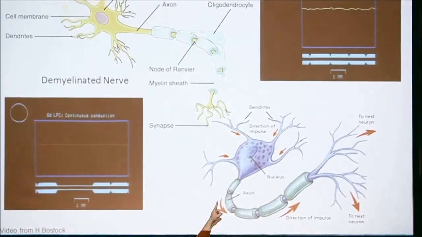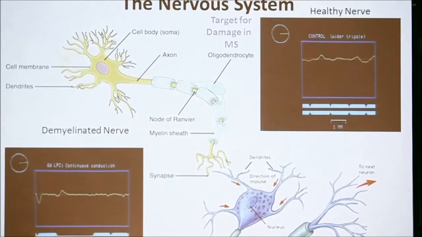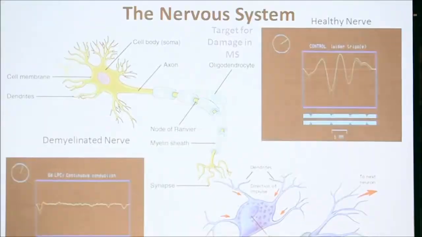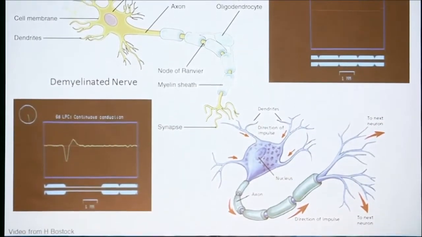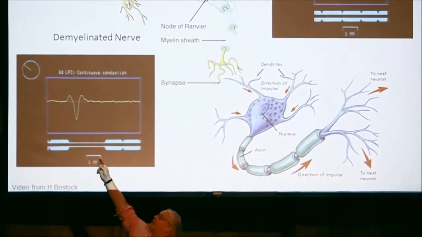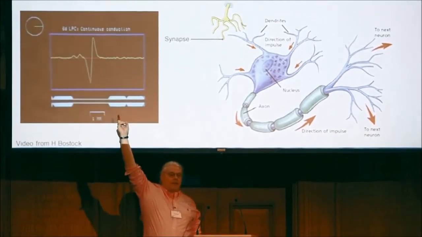Now, if we look in the top corner here, you can see a nerve impulse jumping. Did you see that? There it goes again. This is how quickly a nerve impulse comes, jumping across those myelin sheaths. On this side, you can see a demyelinated nerve. Here's the demyelination, and you can see how the nerve impulse is traveling very, very slowly.